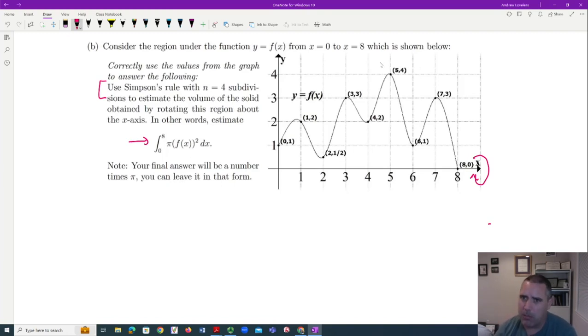Sometimes you just don't remember how to read graphs, but this is saying that f of 5 equals 4. But even if you're confused on that, there is a systematic way to do this. You do the delta x is 8 minus 0 over 4, which is 2. You label your tick marks. Your first tick mark is the leftmost point, and then you just keep adding the width, which is 2.